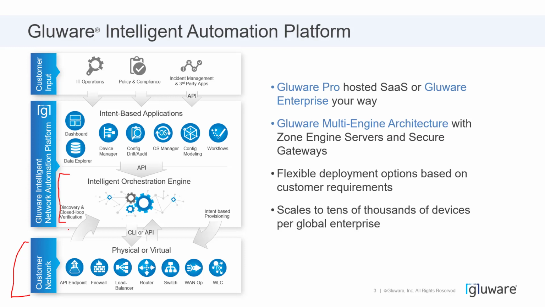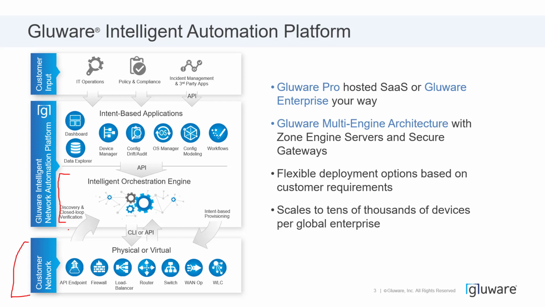Everything we ingest into the network from discovery is wrapped in data modeling. When we're automating configurations, we're deconstructing CLI and then wrapping it in data models, enabling you to automate as much or as little as you want, and enabling true intent-based provisioning, where you define your desired state of a configuration, and the orchestration engine will make it happen for you.